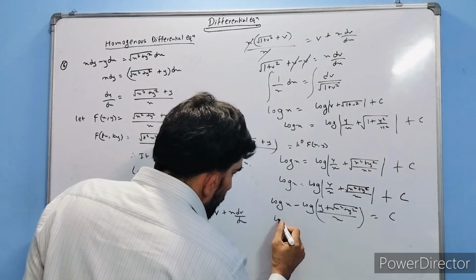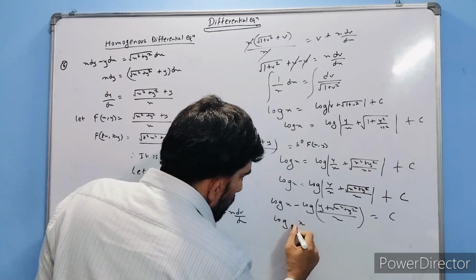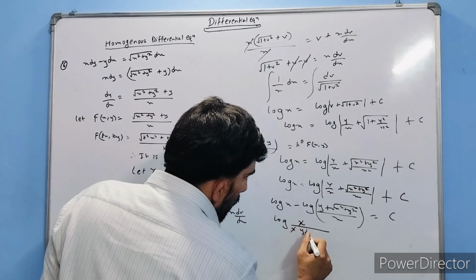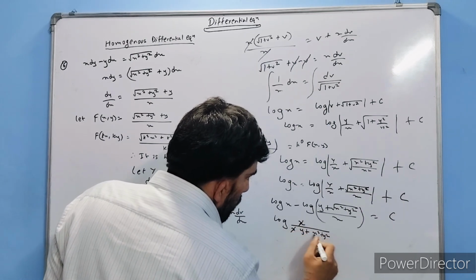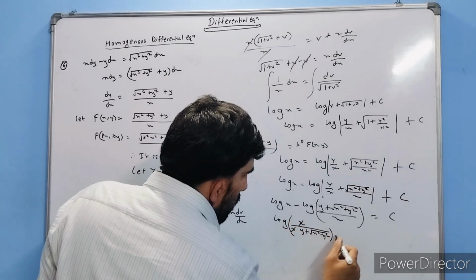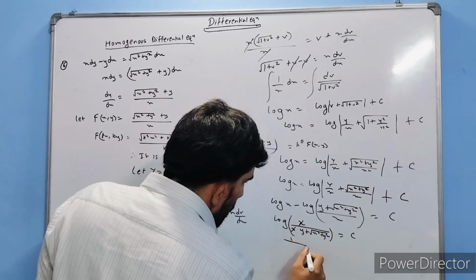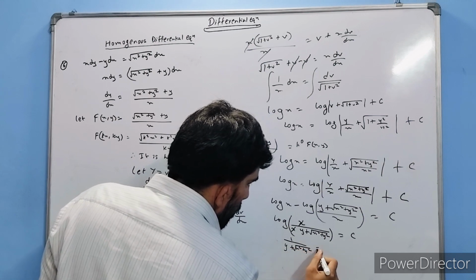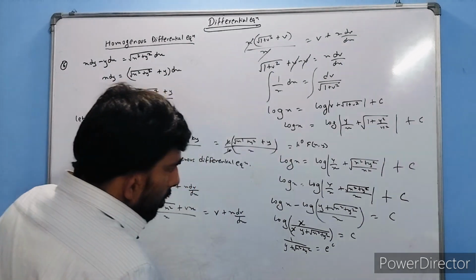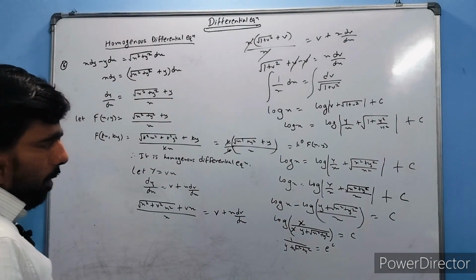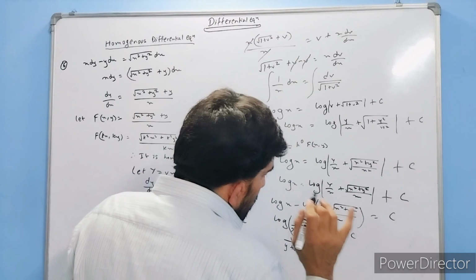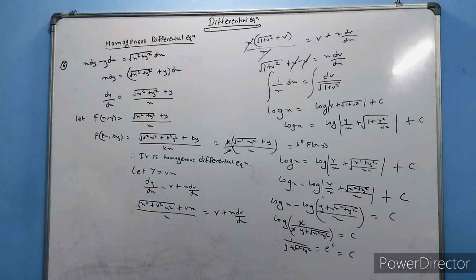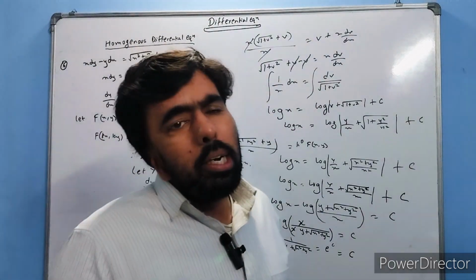So I will try to put this x upon this. So we have x will reduce, we'll have y plus square root of x square plus y square is equal to c. Now we'll have 1 upon y plus square root of x square plus y square is equal to e raised to power c. Okay, so that is how we easily solve this numerical, or else you can put c. So easily find the general solution of the given homogeneous differential equation.